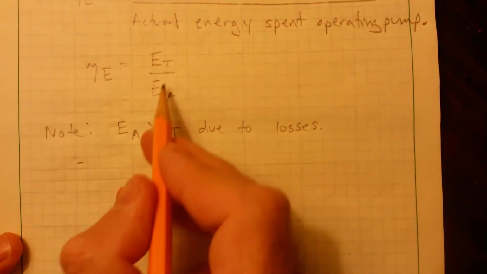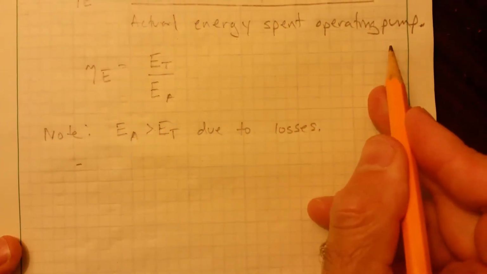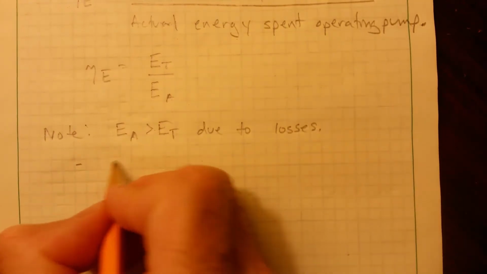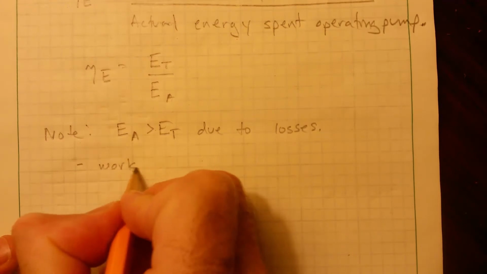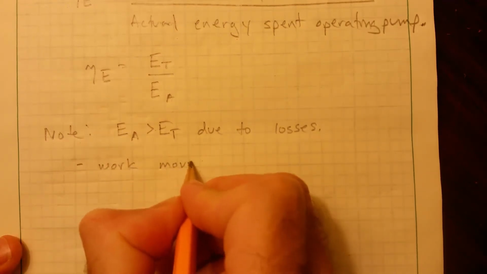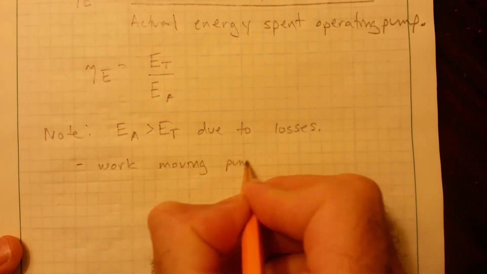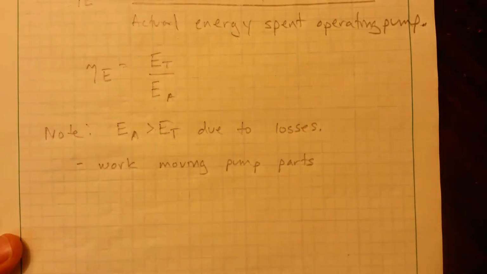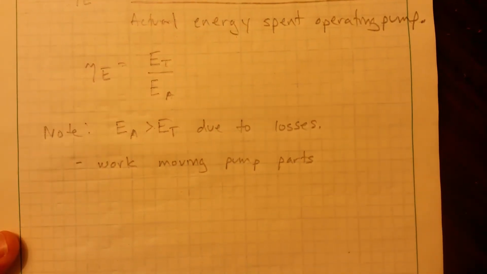Well, some of the energy that we put into operating the pump goes into just moving the pump parts. So for example, the piston has some weight and we have to lift it, and it doesn't actually contribute to the water coming out.